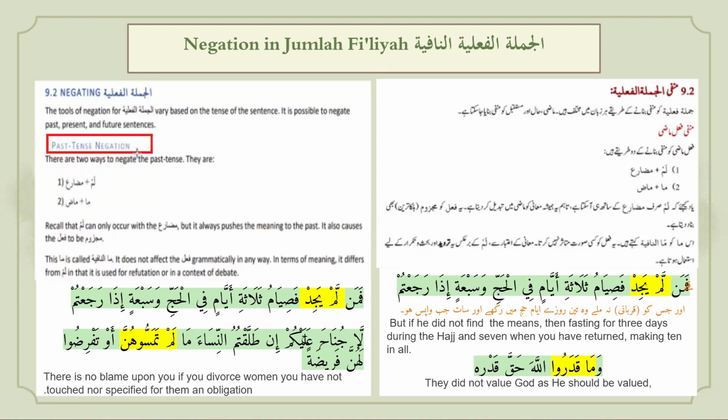An action that happened in the past can be negated in two ways. One is you use the harf jazimatul mudare, lam, with the lightest form of present tense, the lightest form of fe'l mudare. So lam plus fe'l mudare majzoom gives you a negation of past tense, because lam plus lightest mudare is translated as "did not."